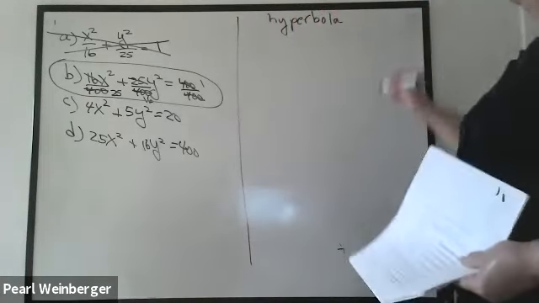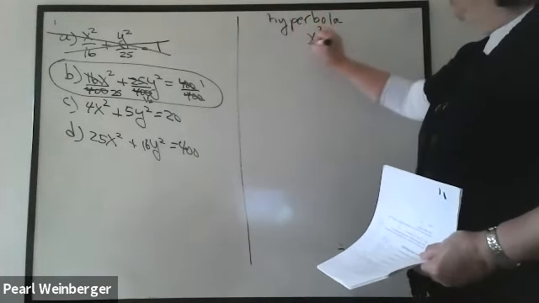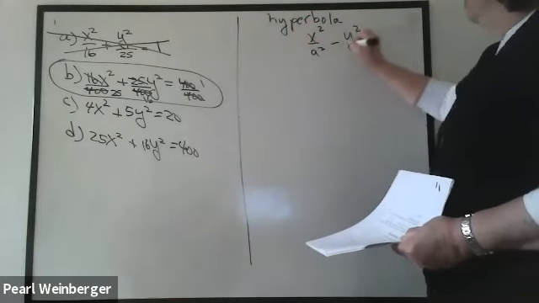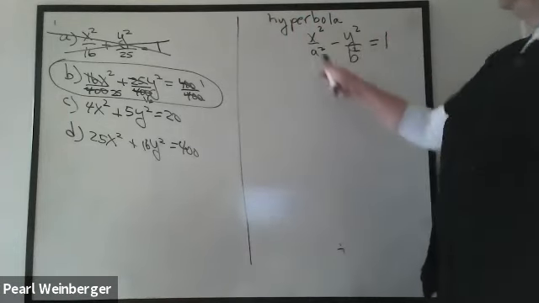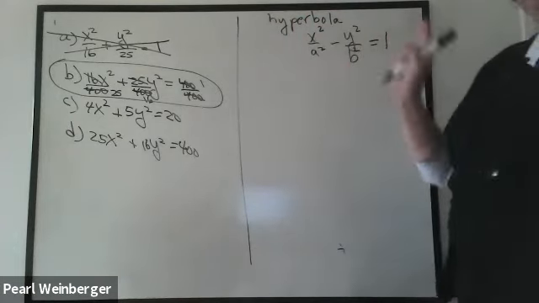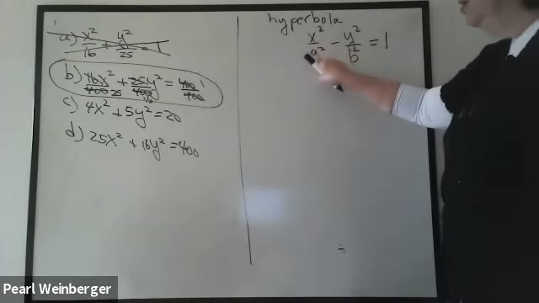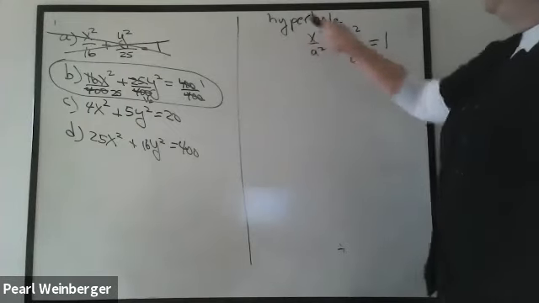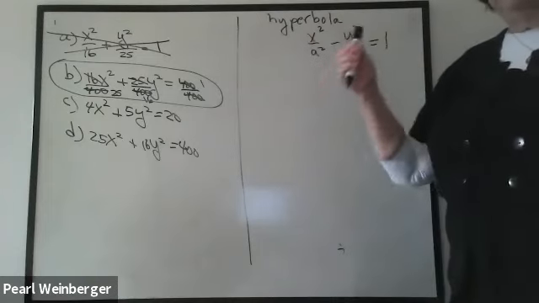The hyperbola has a standard equation of x squared over a squared minus y squared over b squared equals 1. Now, in this case, the a and the b can be the same number. What's important is that either the a and the b are the same or different numbers, but the signs of the x squared and the y squared terms are not the same.